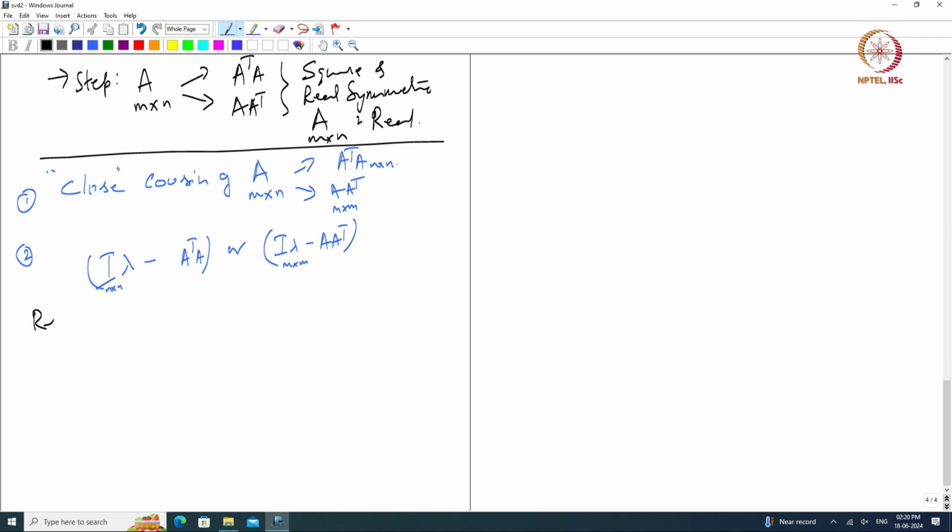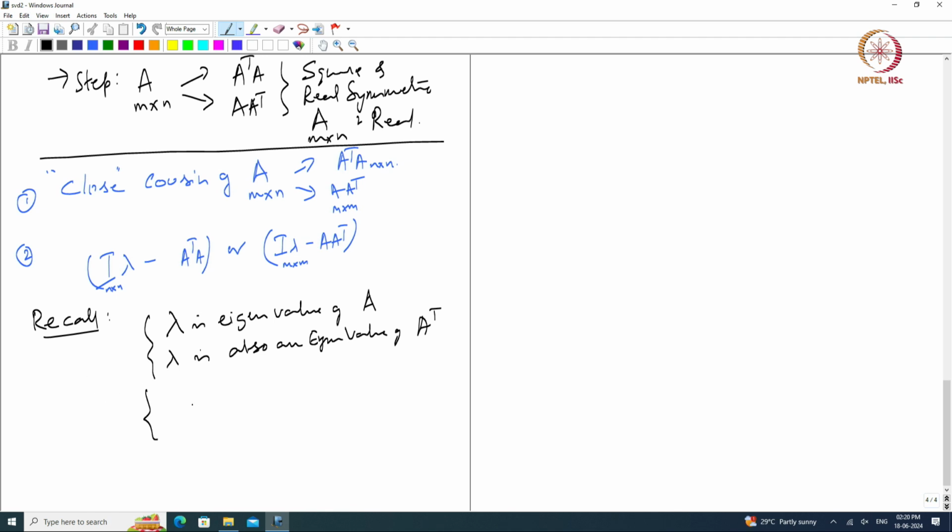Just recall two facts. If lambda is an eigenvalue of A, lambda is also an eigenvalue of A transpose. That is 1.